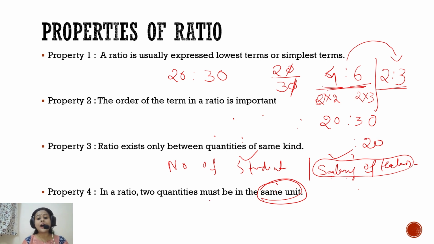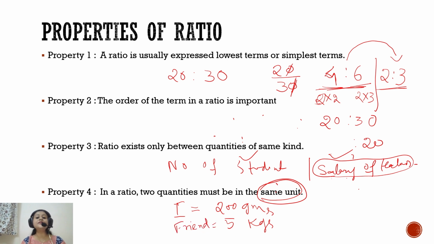But suppose I have bought 200 grams of rice, whereas my friend has bought 5 kgs of rice. Although these are quantities of the same kind, rice, we still cannot have a valid ratio here because these two are expressed in different units.